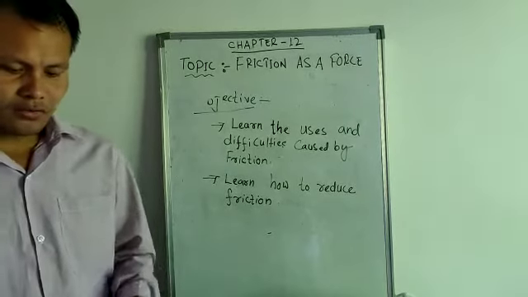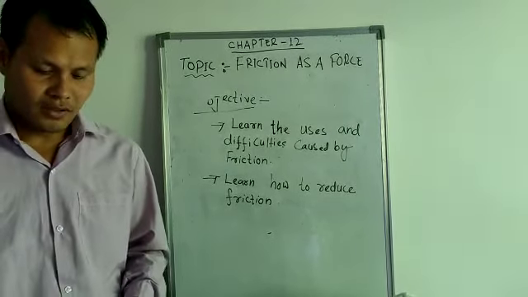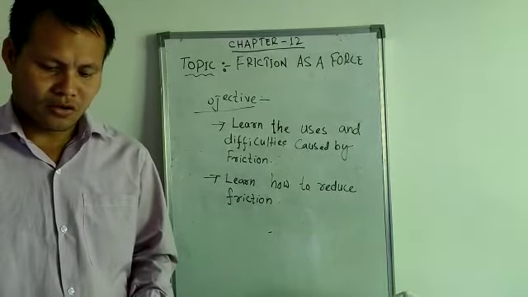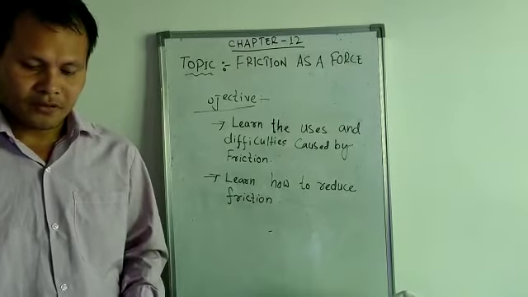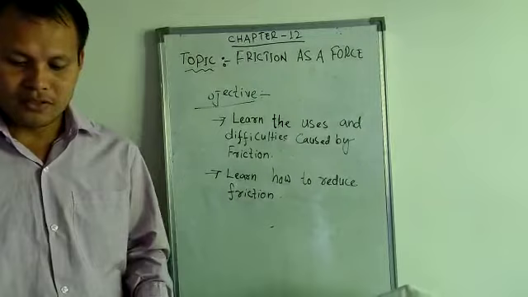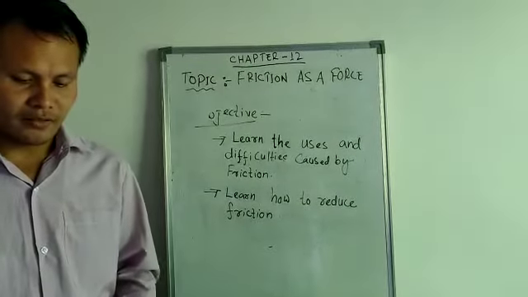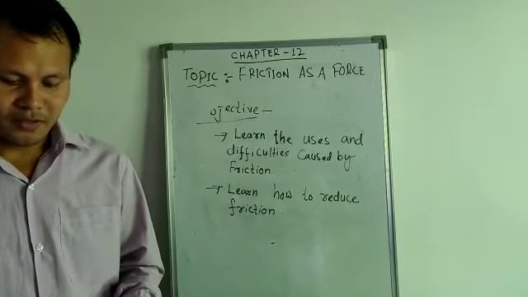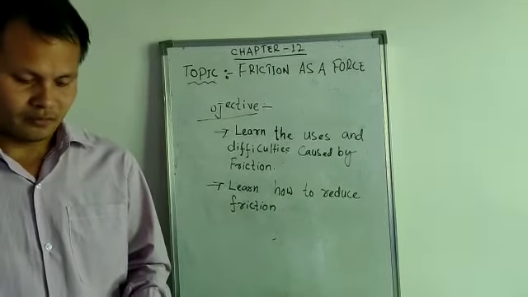Now, there are also some difficulties caused by friction. Friction can cause noise in machines. To reduce this, we can use lubricants such as oil and grease. Friction can produce heat in various parts of the machine.